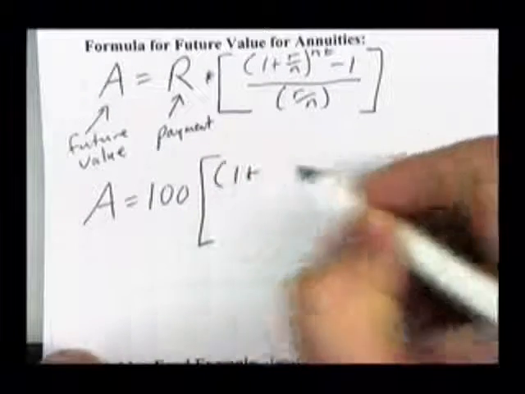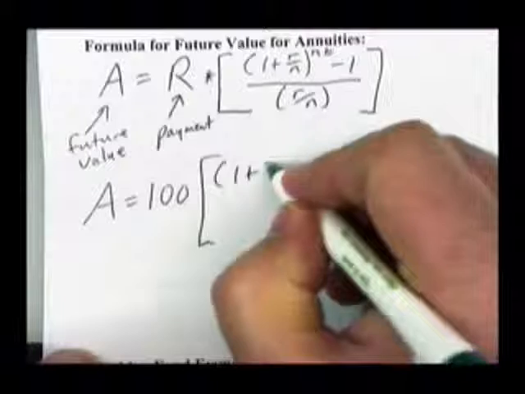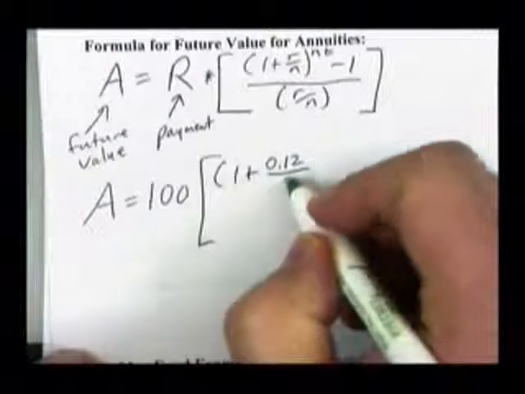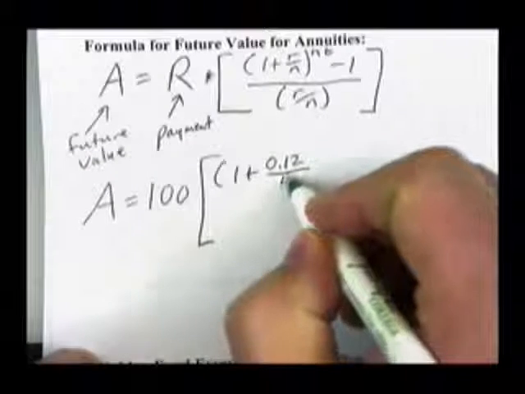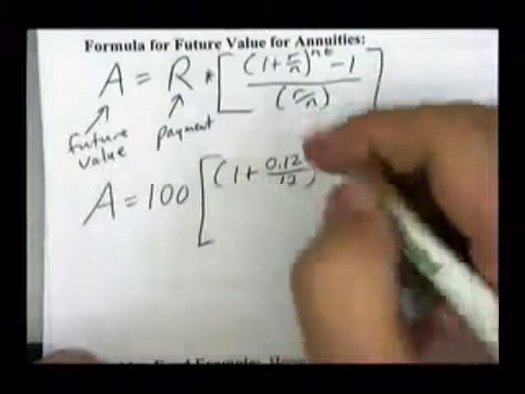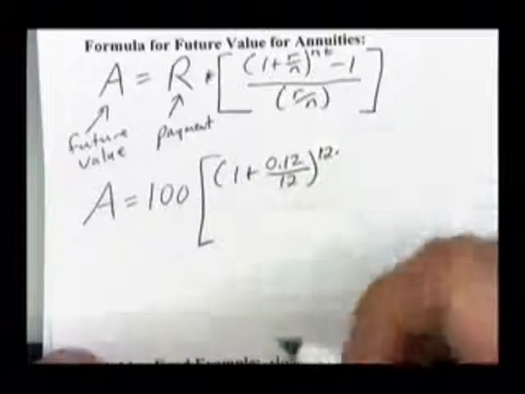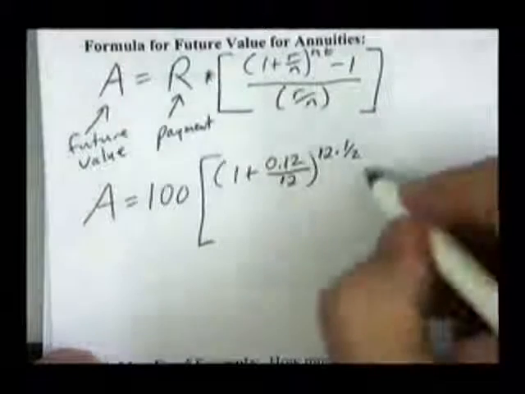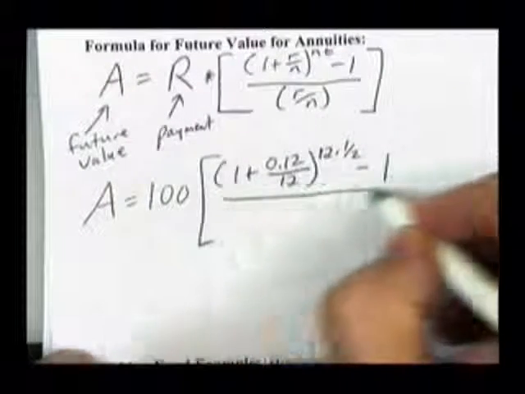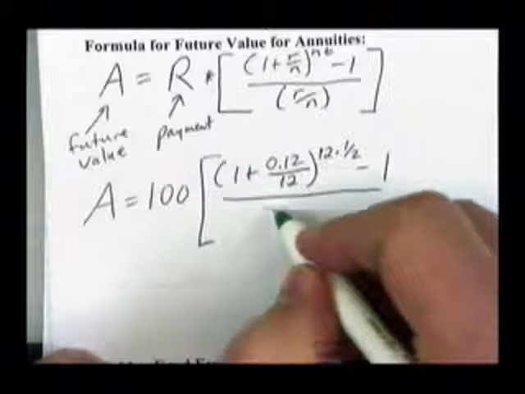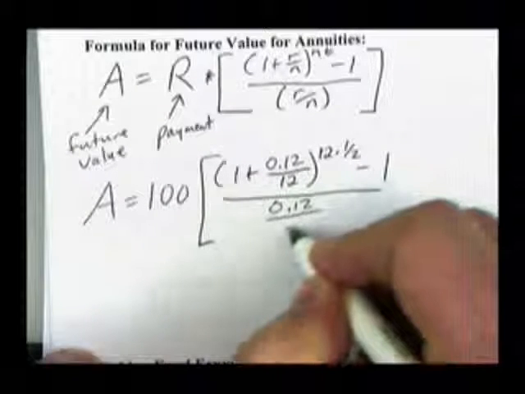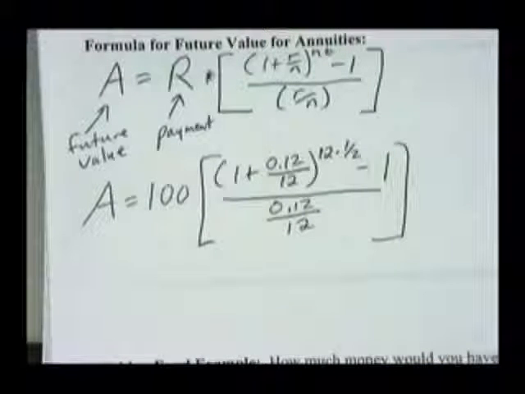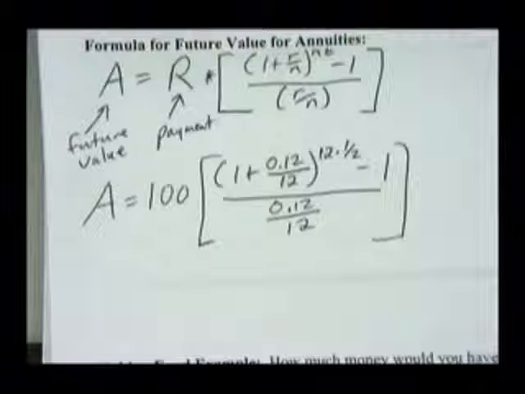I've got 1 plus, my r is 12%, so I'm going to change that into a decimal, 0.12, divided by my n, I'm doing monthly compounding, so that's going to be 12, raised to the n, which is 12, times my t, I'm looking at 12 months, which is 1/2 of a year, minus 1, all over r, which is 0.12, over n, which is 12 payments per year, or 12 compoundings per year. And there's my whole thing.